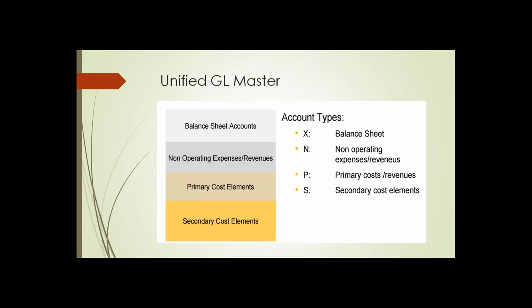These are the different types of GL master. Whenever you create a GL master or cost element, there is a field called account type, which was not available earlier. Earlier it directly asked for the account group, and it didn't ask for the account type.